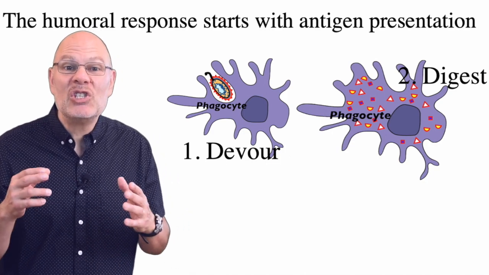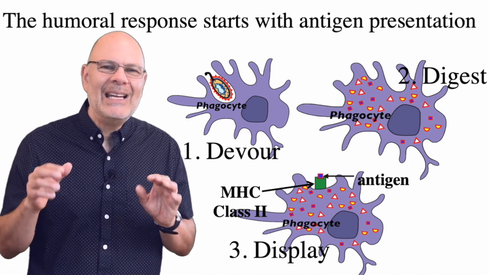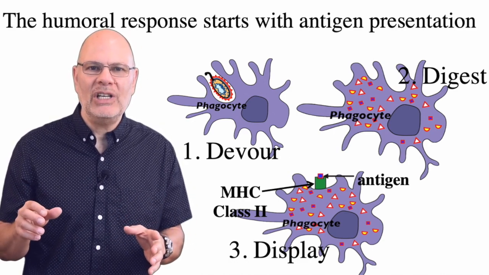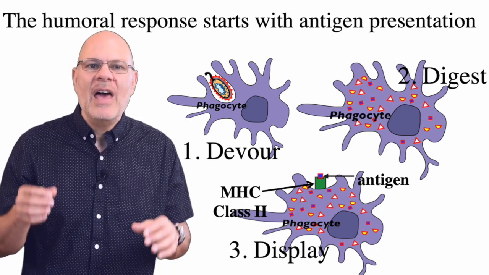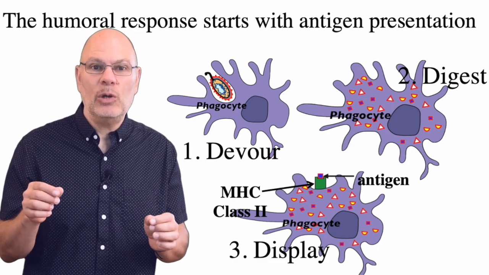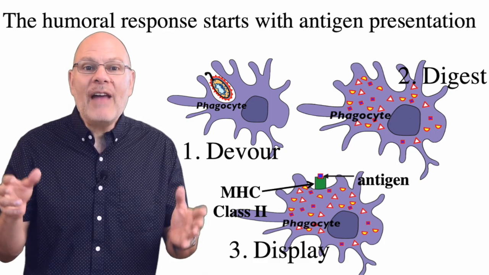These phagocytes display some of those digested pieces of the pathogen in a special protein that's called an MHC class II protein. I like to think of these MHC proteins as skewers. The phagocyte jams some antigen onto the tip of the skewer and then holds that skewer up saying, "Look at what I found."